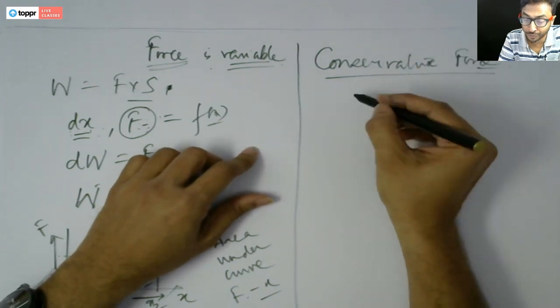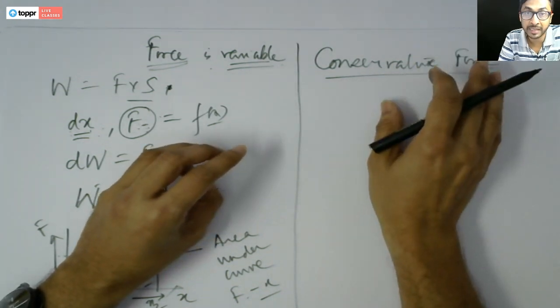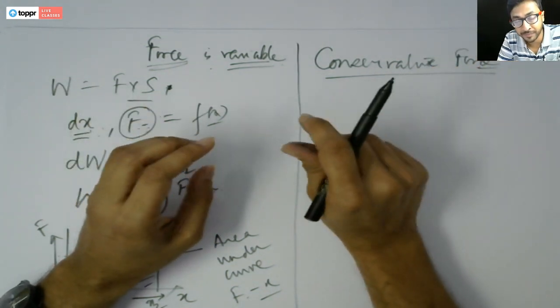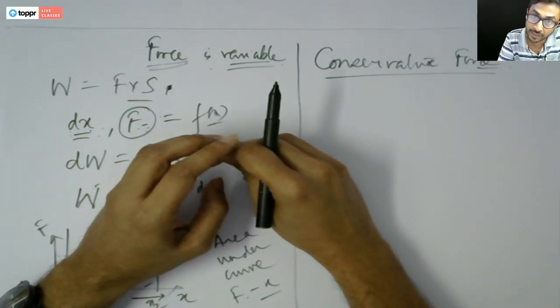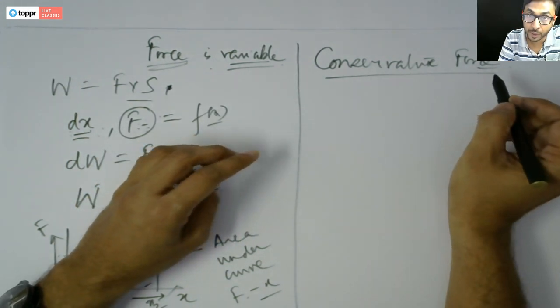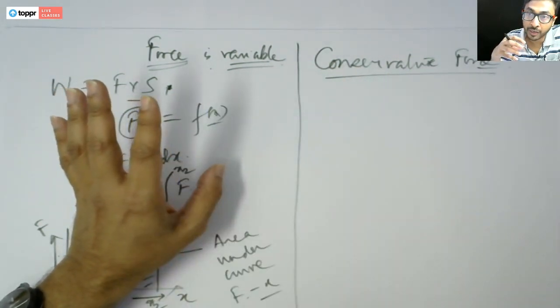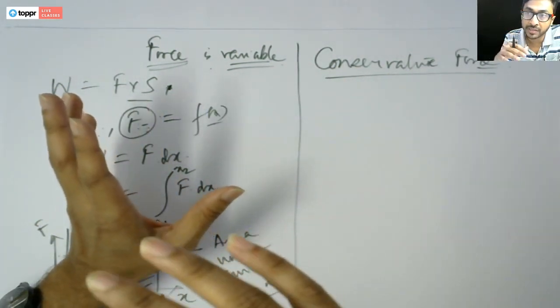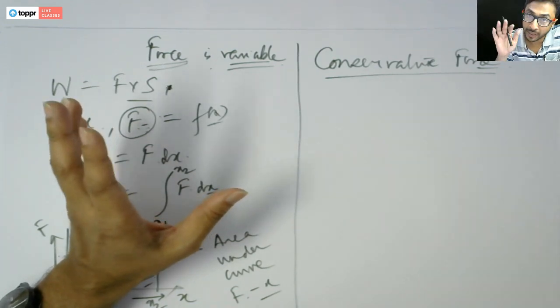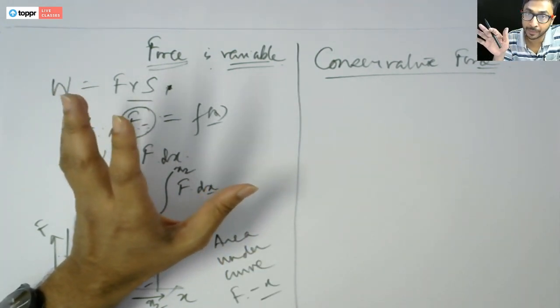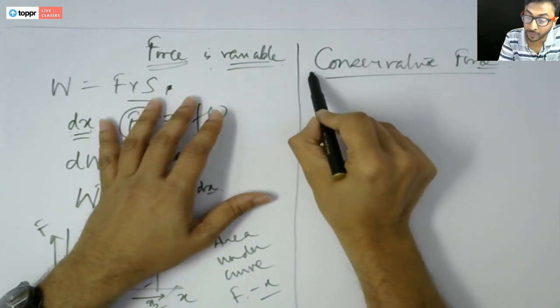Conservative forces, as you know, are like gravitational force, elastic force in a spring, or electrostatic force. Conservative forces basically mean the work done doesn't lead to any loss of energy.